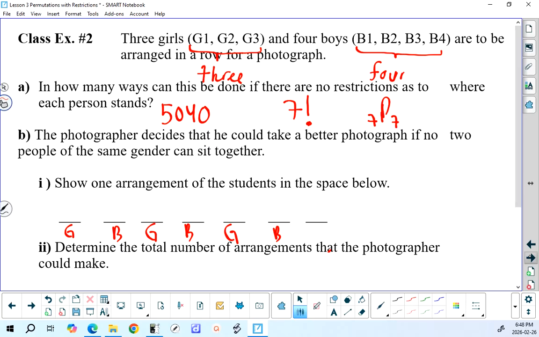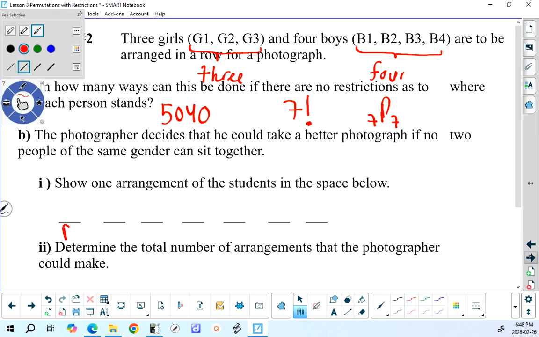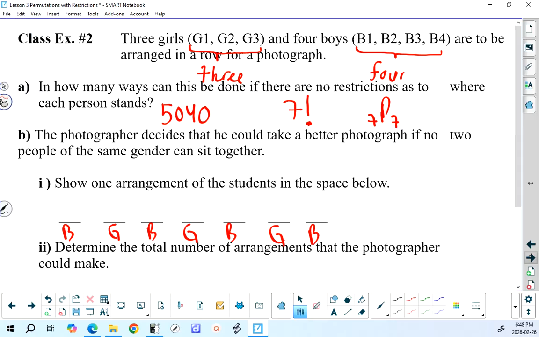You'd have to end with 2 boys next to each other. So that's why the restriction is that this must be a boy, this must be a girl, boy, girl, boy, girl, and boy. It doesn't really matter where you start because there's restrictions all over the place.